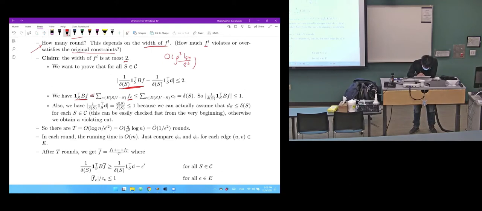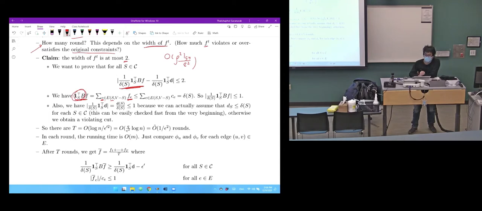You look at edges, this thing is just the sum over all edges crossing S, right?